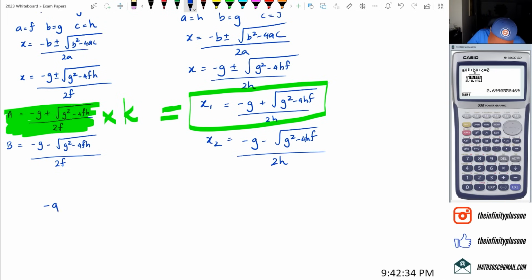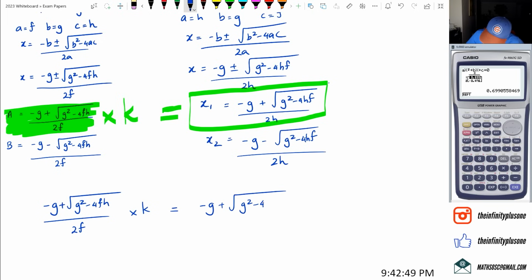So I've taken negative g plus the square root of g squared minus 4fh over 2f, and I multiplied by k, and I'm going to get negative g plus the square root of g squared minus 4hf divided by 2h. Okay, so that's all I've done here.